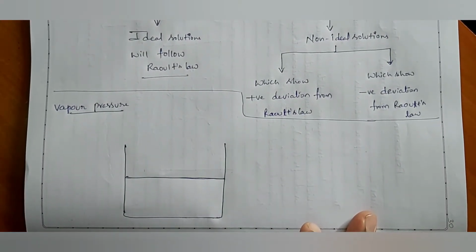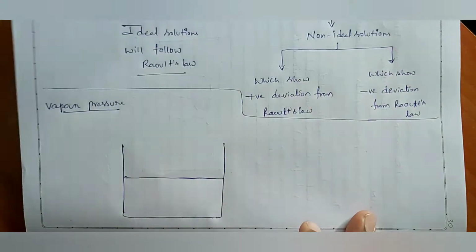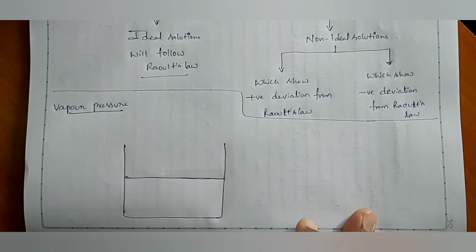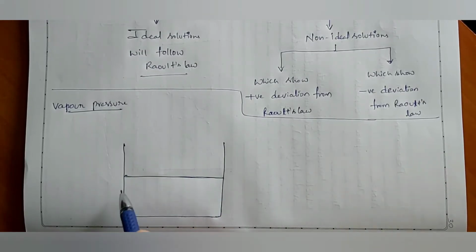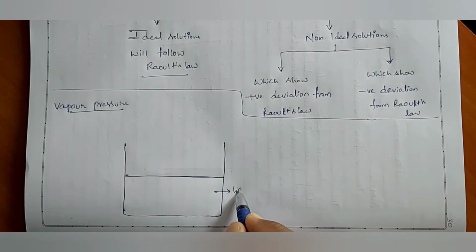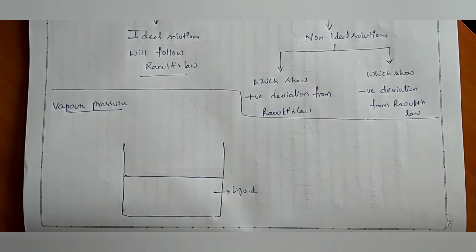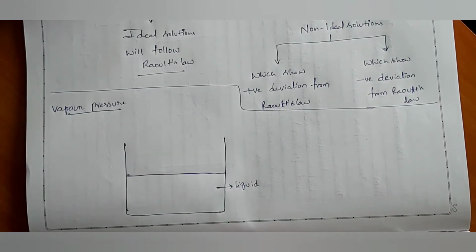Initially we have taken an empty beaker only. After some time, we have added some amount of water to the beaker. At the time we add water to this beaker, the entire water is present in the liquid state only.